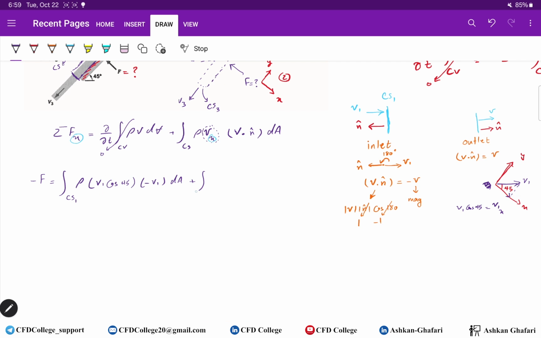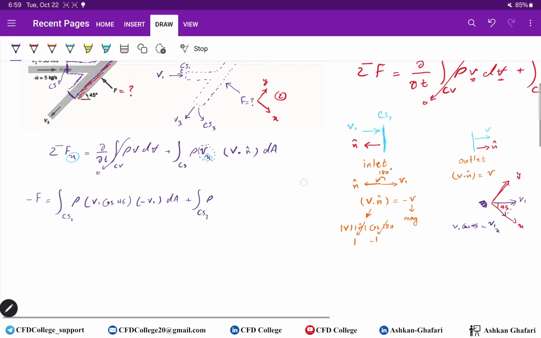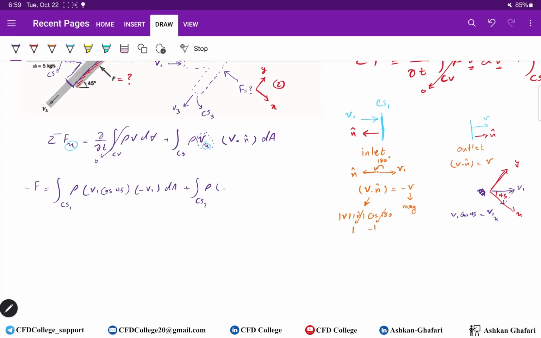And for control surface 2, as you know, rho vx, we don't have any velocity, doesn't have a component in x direction, so vx for control surface 2 is 0, but since we have outlet, v dot n is v2 dA, and for the third control surface, it's the same, 0 v3 dA. So these terms are 0.